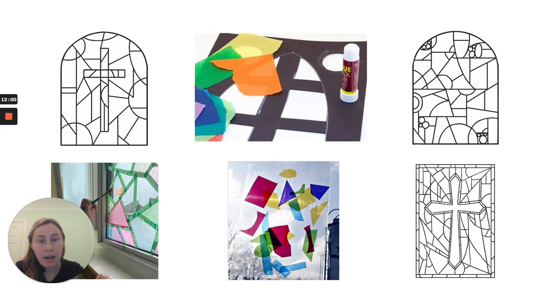Now, when your work packs came home, there were plastic wallets. You could use a plastic wallet to put different colours in your plastic wallet and put them against the window to help. So here's some easy options and some difficult options.